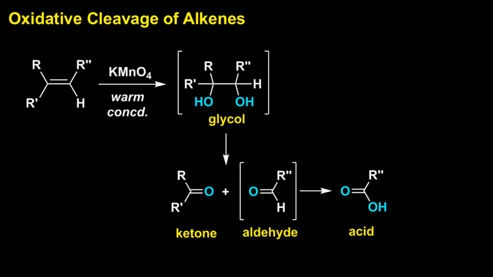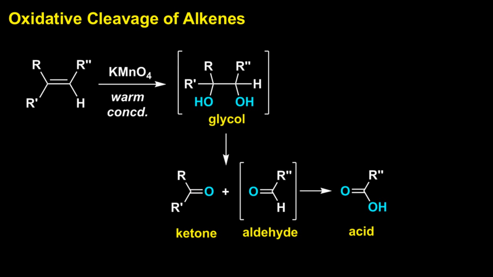Let's walk through what actually happens in this KMnO₄ reaction. We start with an alkene, just like before. The first thing that forms is a glycol. That's a 1,2 diol, with hydroxyl groups on both sides of where the double bond used to be. Then KMnO₄ comes in and cleaves the carbon-carbon bond between those two OH groups. The result? 2 carbonyl compounds, just like we saw with ozonolysis.